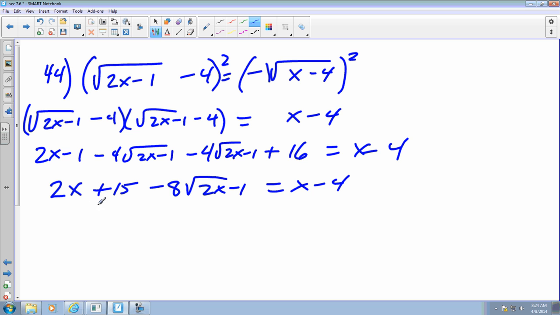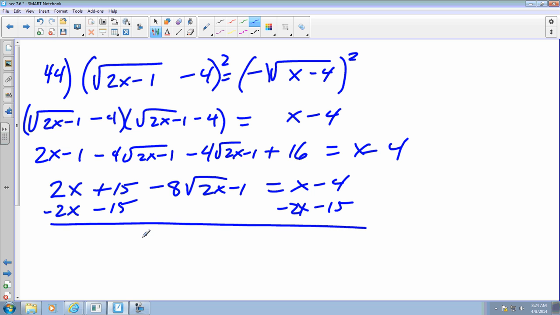And then I'm going to subtract 2x from both sides. I'm going to subtract 15 from both sides. And I get -8 square roots of 2x minus 1 equals -x minus 19.